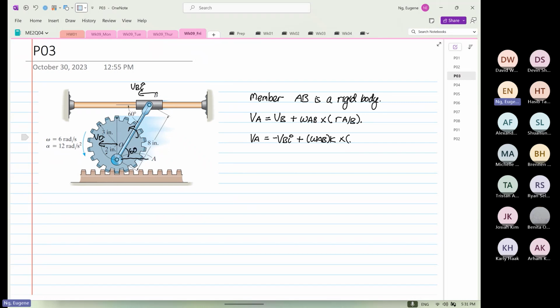So it will be equal to 8 cos 60 I plus 8 sine 60 J. Okay.